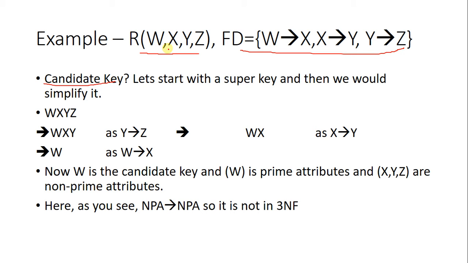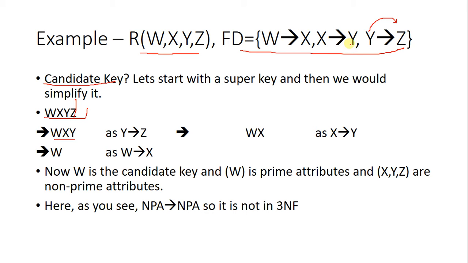We combine all the columns w, x, y, and z, and then we simplify that super key, keeping in view these functional dependencies. Here you know that if you have y, you can find z. As we do have y here, we can get rid of z, so we get this one. Again, looking at the functional dependencies, if you have x, you can determine y.